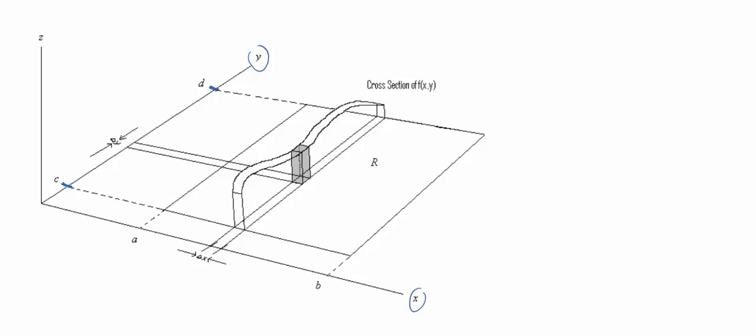Here's your c to d on the y-axis and your a to b on the x-axis. So you see the rectangle we're talking about, I'm outlining it right now. Suppose we're integrating a function over that rectangle, and for the sake of argument, suppose that function is positive right now. It makes believing this a little easier.